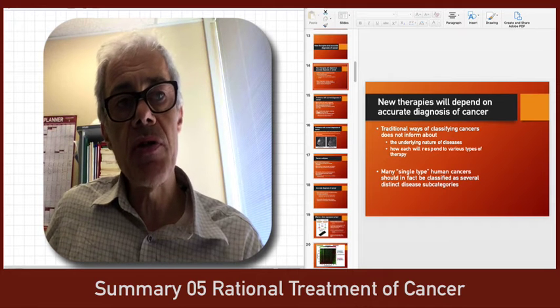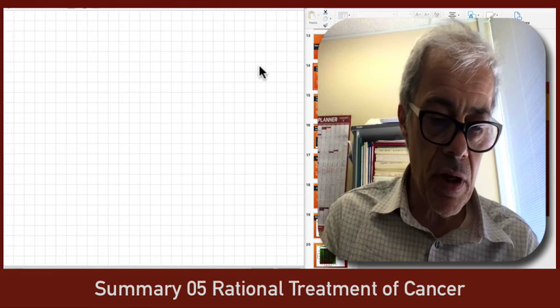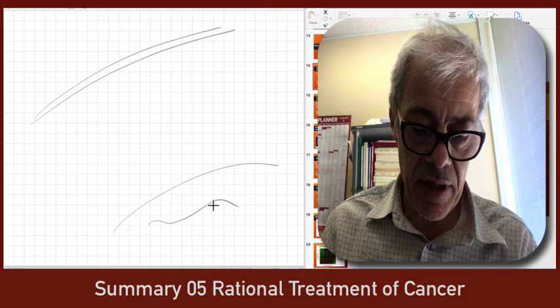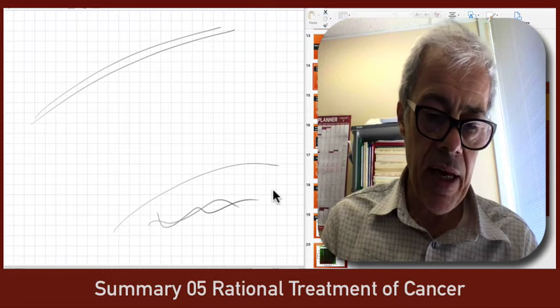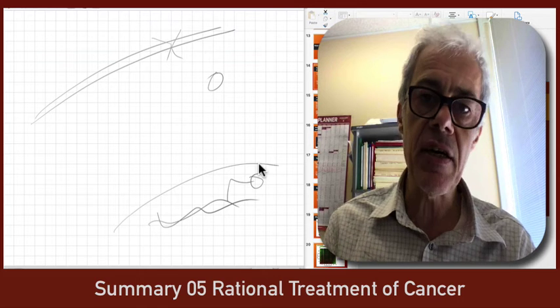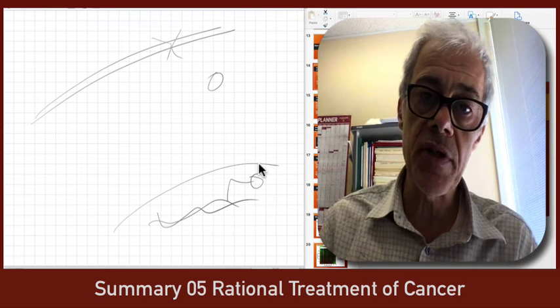With a rational approach to drug design, you need to think about a whole bunch of things. So if this is the plasma membrane of a cell here, and here's our DNA, and here are our little proteins and things that are happening in the cell, these are the processes we want to try and inactivate to stop cell growth.